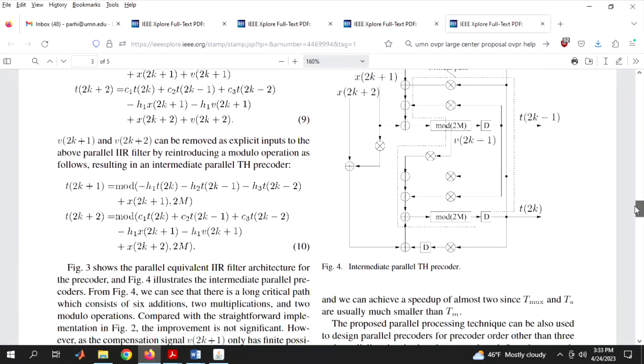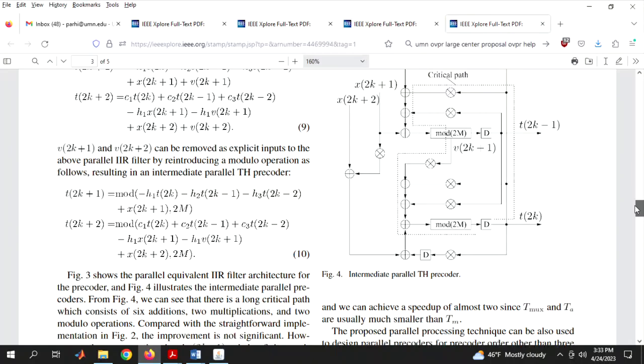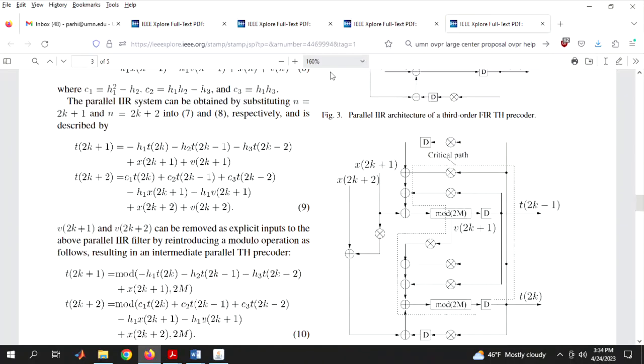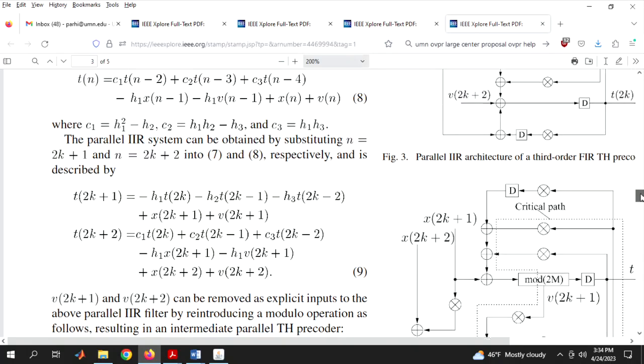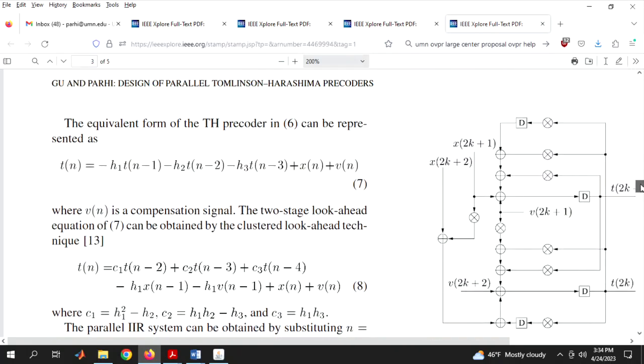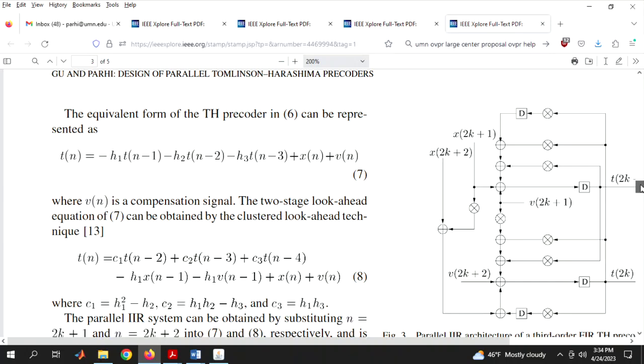Okay, so first we are able to remove the modulo. This is after whatever you have done in the class, this is exactly the same thing. This is a parallel IIR filter. Everything is the same. There is one delay.